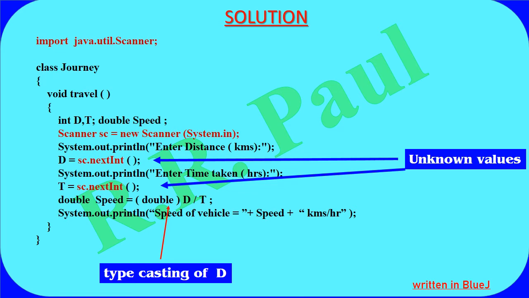So this object sc is used to call the nextInt function, and together they will help in accepting the value from the keyboard. As we already know, sc is linked with System.in. Both are used in the same statement. So sc works with the nextInt function to input the value from the keyboard. So this is the process to input the value using a Scanner class object.